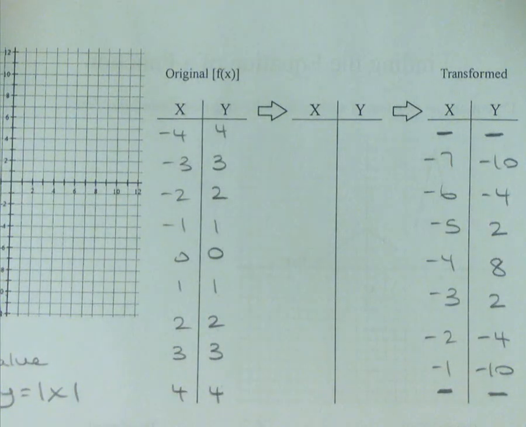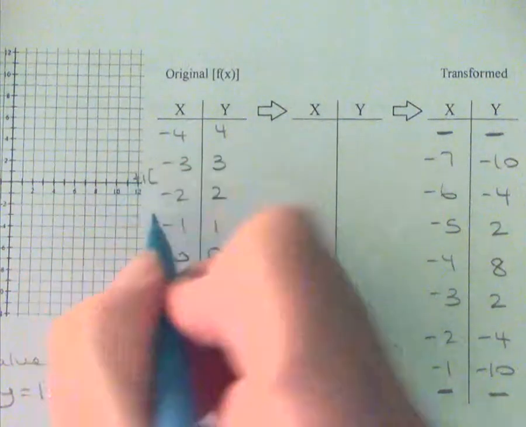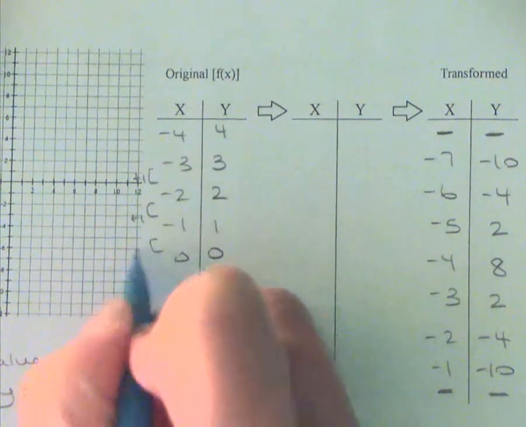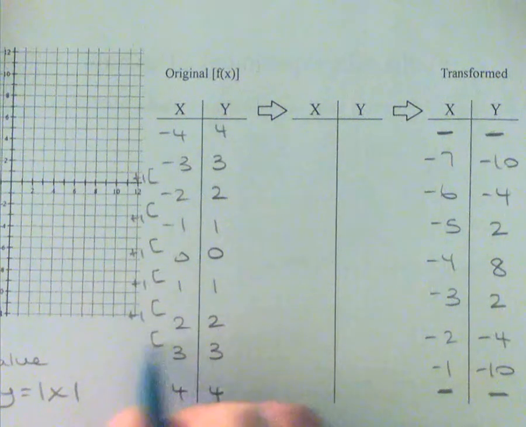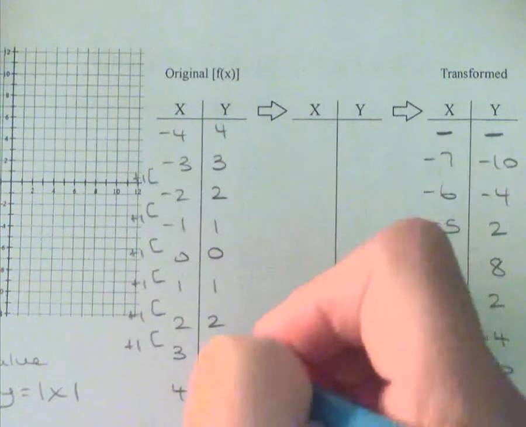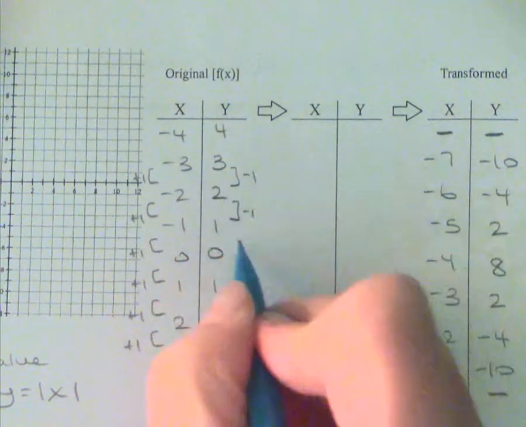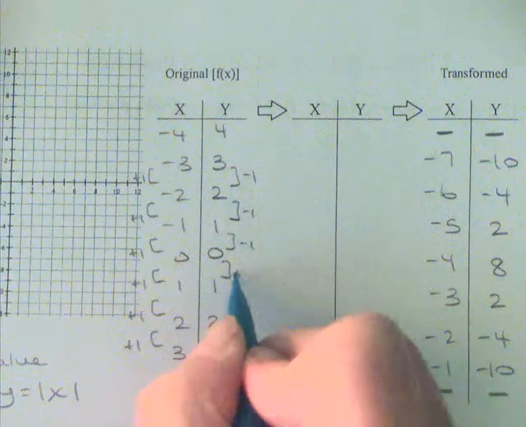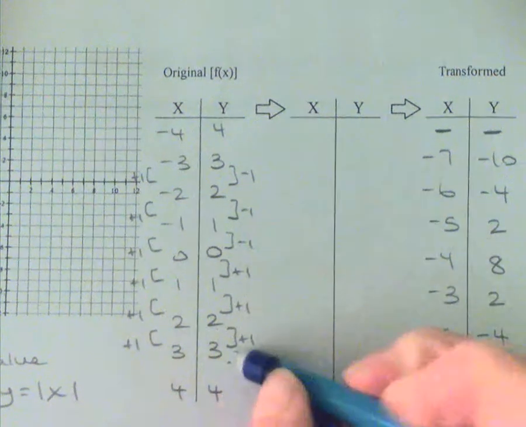And then I'm going to do the same thing. I'm adding 1, I add 1, I add 1, and I keep adding 1. And I'm only worried about these values from here to here. What's happening here? I'm going to subtract 1, subtract 1, subtract 1, add 1, add 1, add 1, and I don't need to do that one.